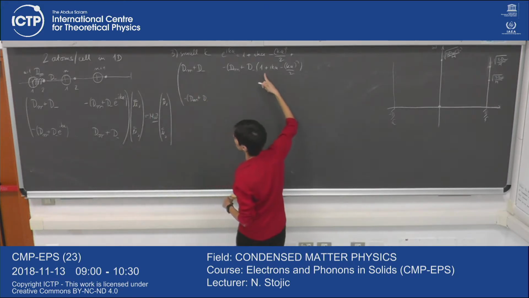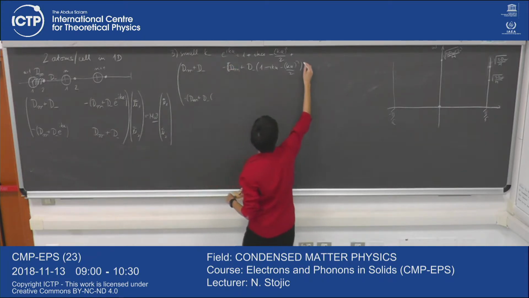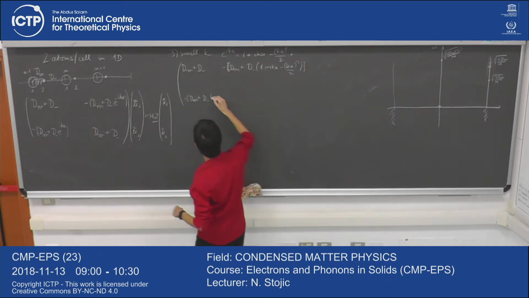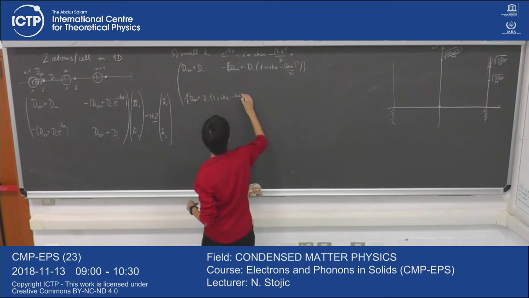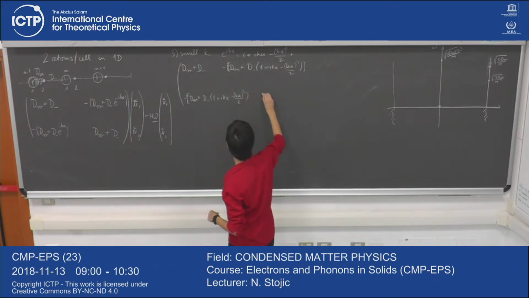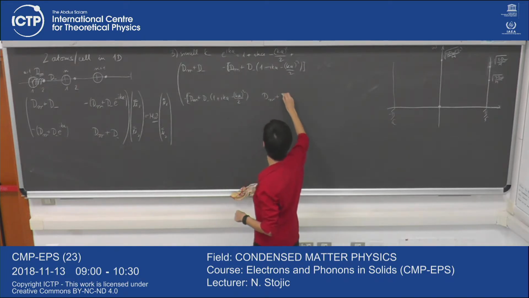No, here it's minus i k a. Minus D strong plus D weak.